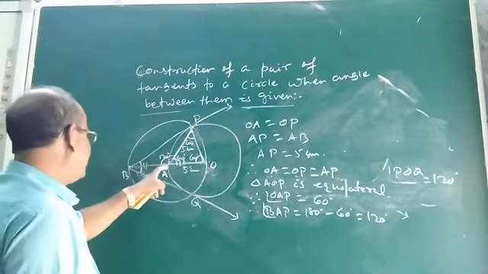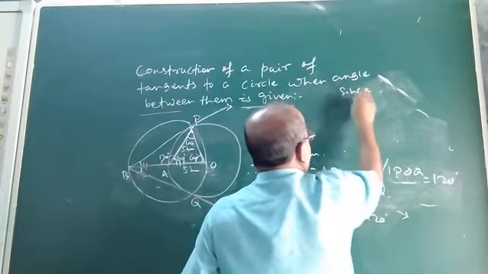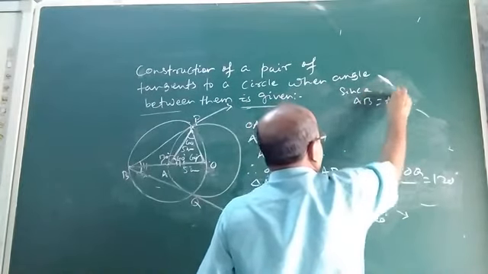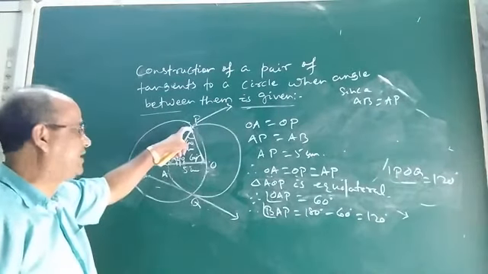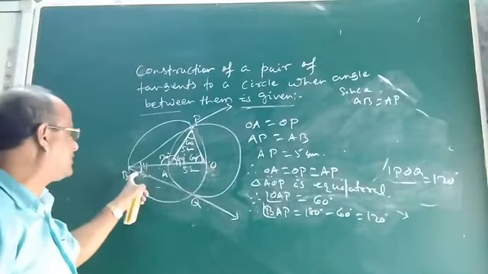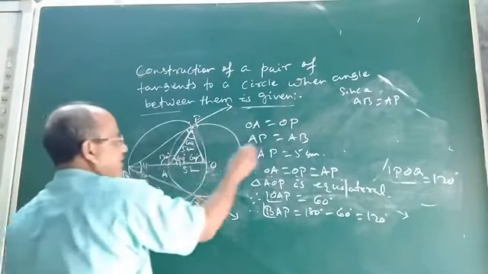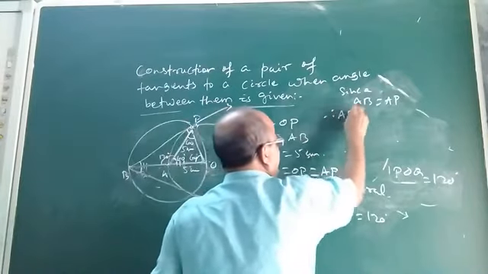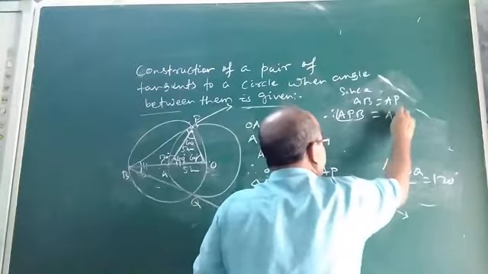Again look at, since AB equal to AP, no doubt triangle ABP is isosceles. Therefore angle APB will be equal to angle ABP.